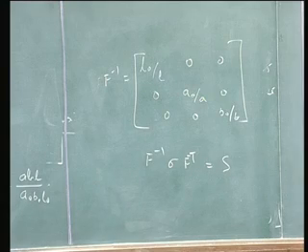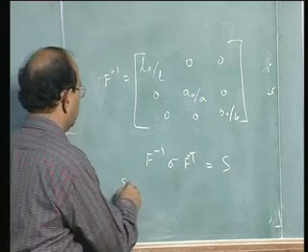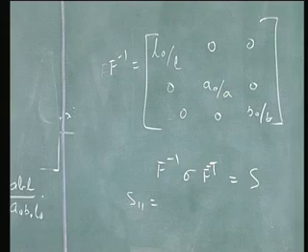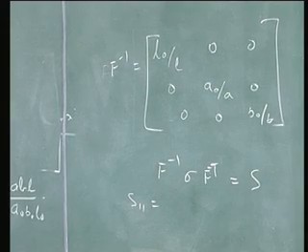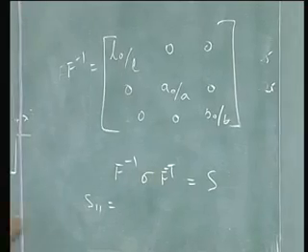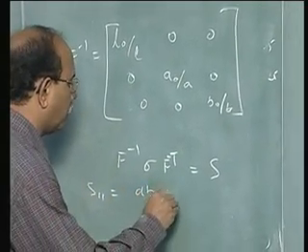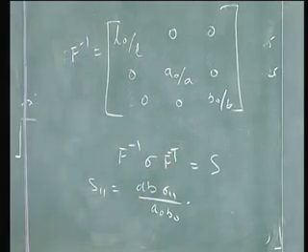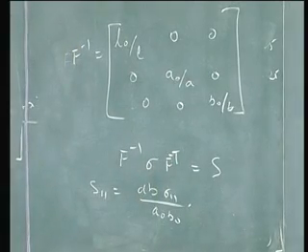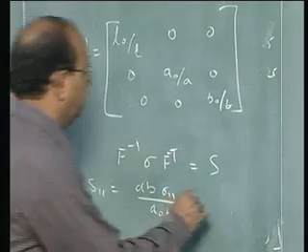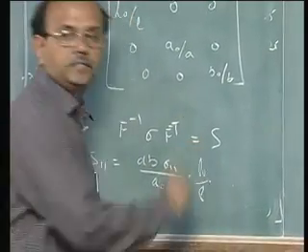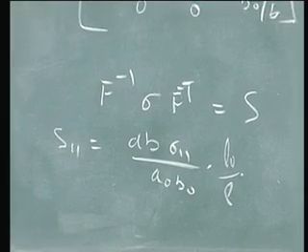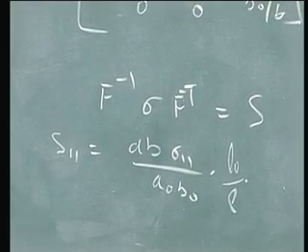So, let us take the S11 term, just work it out and tell me what is the first term, the S11 term. Yeah, AB sigma 11 by A naught B naught into L naught by L. So, everyone get this answer? Into L naught by L. Yes, I think that is right.